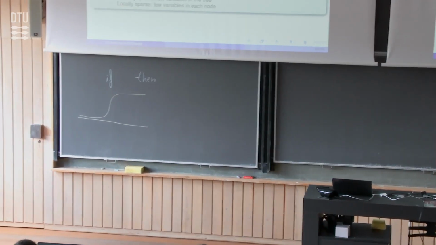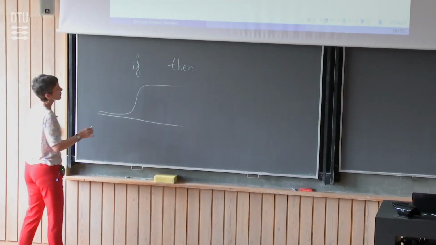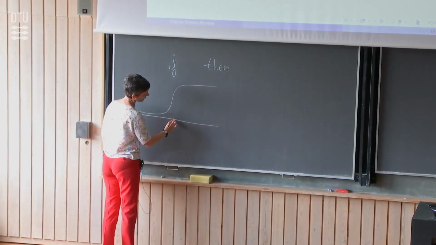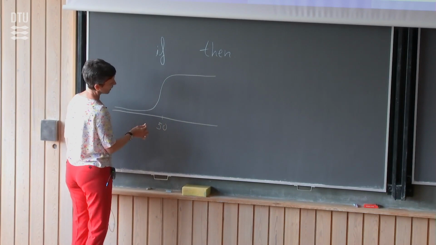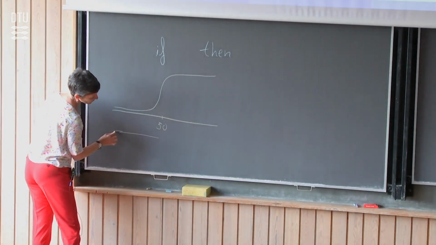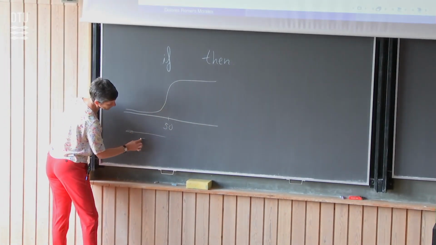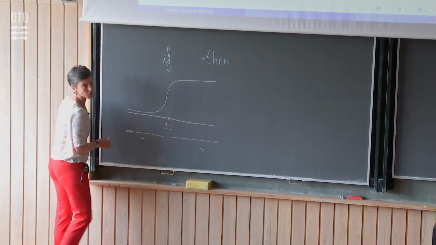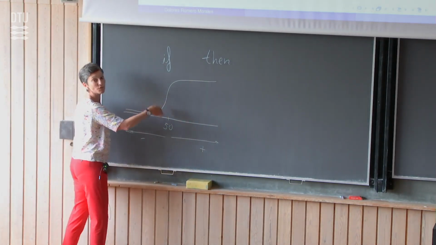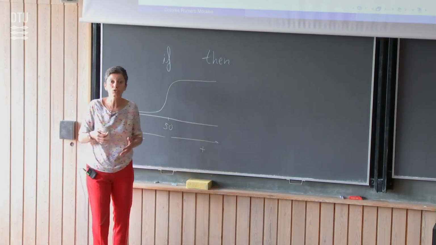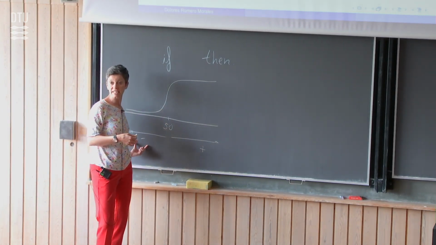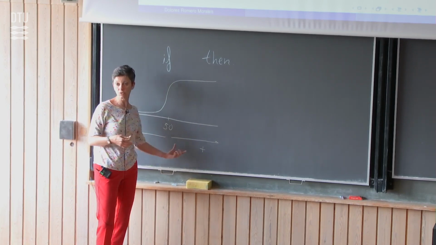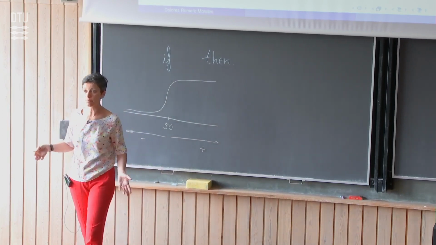And what we did, instead of saying that you have a 50 here, and then saying that these ones are classified as negative and these ones are classified as positive, we use this logistic function to tell you the probability of being classified negative and the probability of being classified positive.